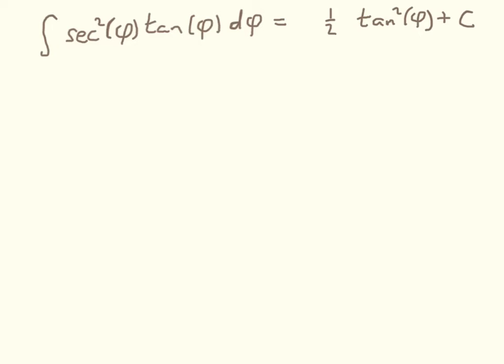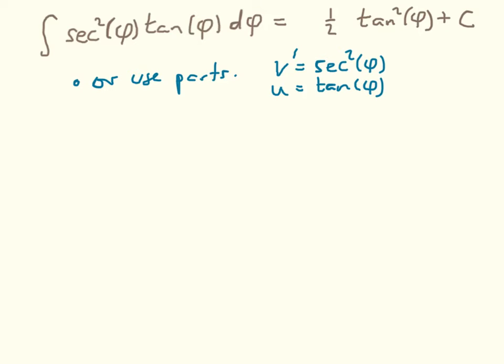One could calculate this in other ways. So one could also use integration by parts, and if you say that v prime, the term we're going to integrate, is sec squared phi, and u, the term we're going to differentiate, is the tangent of phi, you will find the integral is not very difficult.